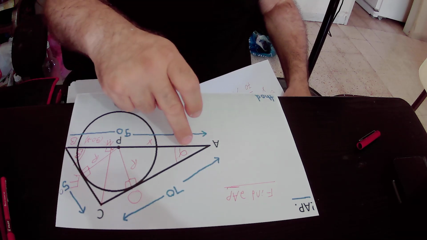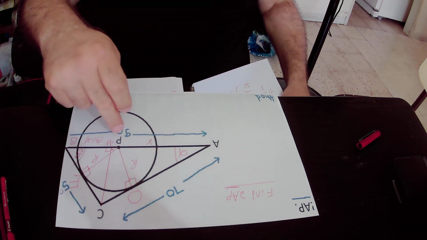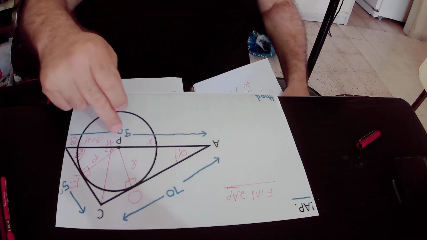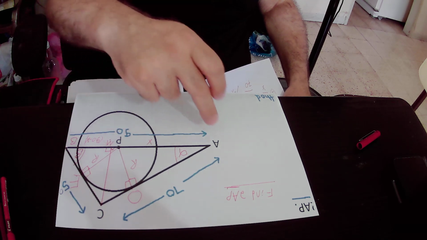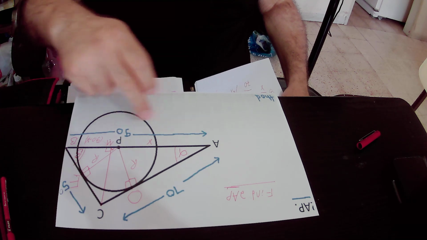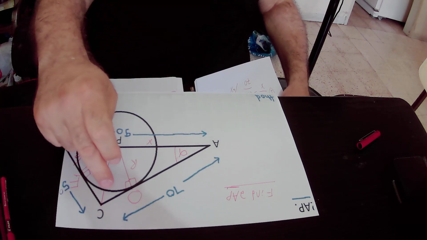In the right triangle AOP, sine alpha equals OP over AP. And in triangle ACM, sine alpha equals CM over AC.